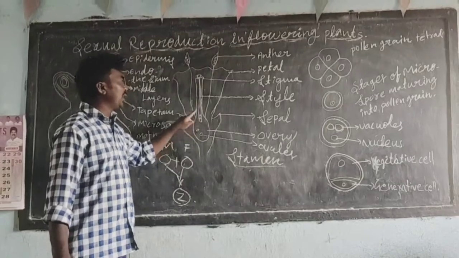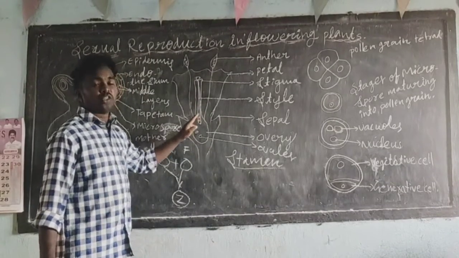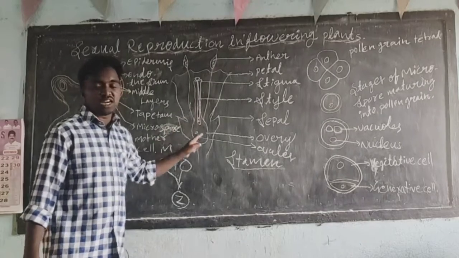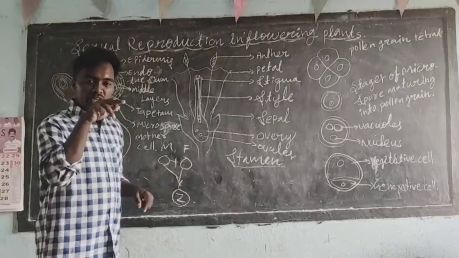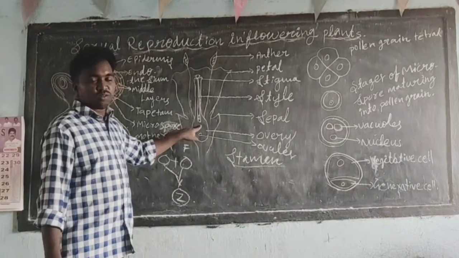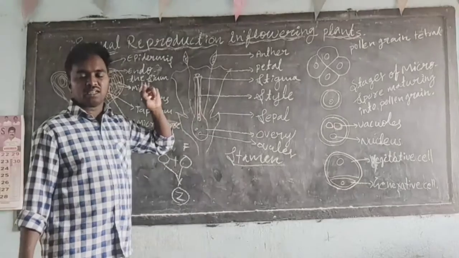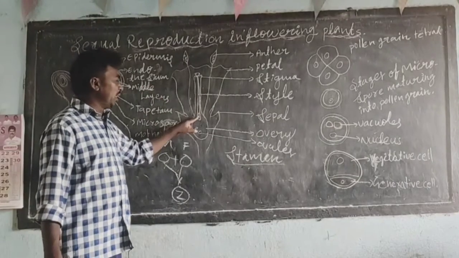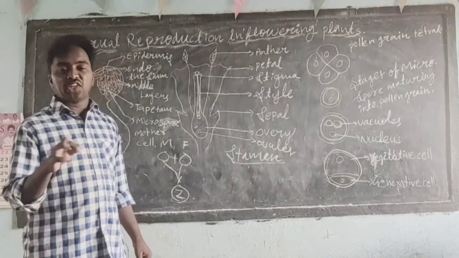Into the ovary, the pollen grain produces the tube-like structure, that is the pollen tube. This process is called pollination. From the pollen tube, 2 male gametes arise, and the 2 male gametes enter into the ovary.